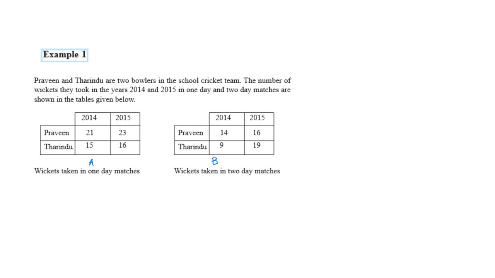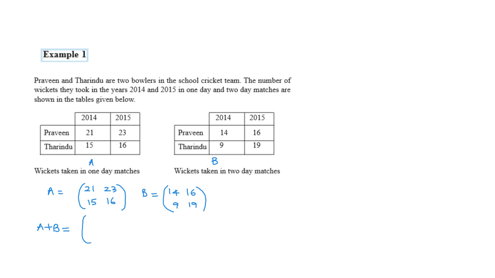So you can write in matrix form A equals 21, 23, 15 and 16. And B equals 14, 16, 9, 19. So let's consider A plus B here. What is A plus B?